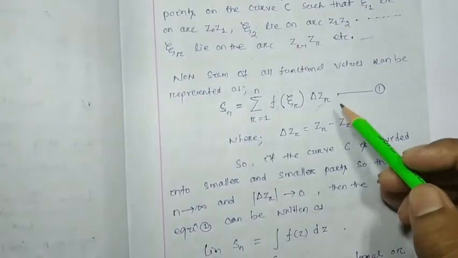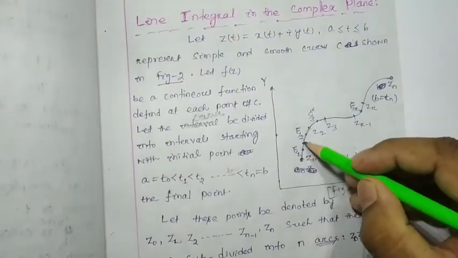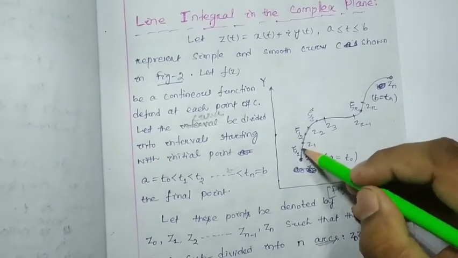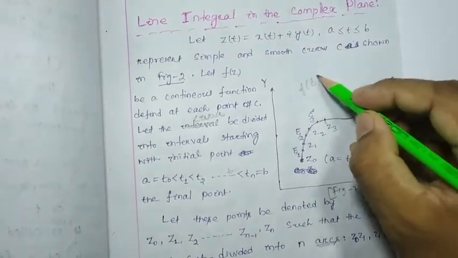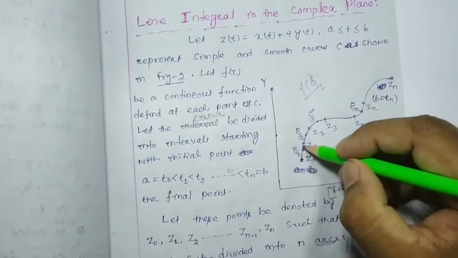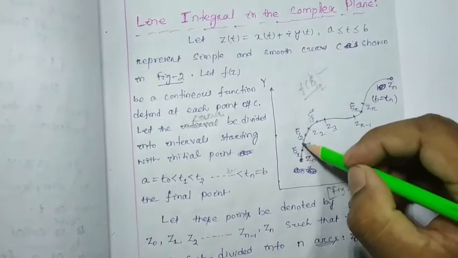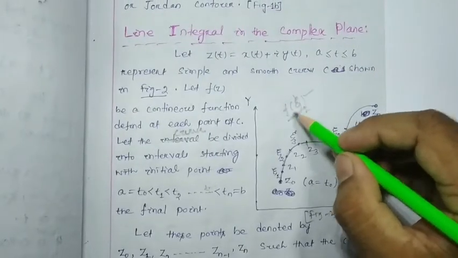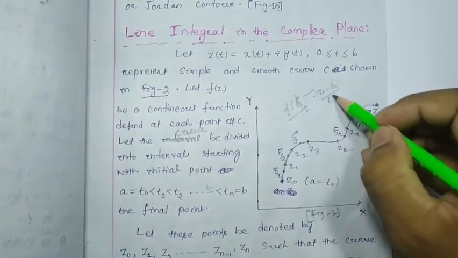You got my point? That means this point lies in between z0 and z1. At this point, what is the value of the function? It will be f(xi1). And in this interval z0 to z1, the value will be f(xi1) into z1 minus z0, that will be del z1.